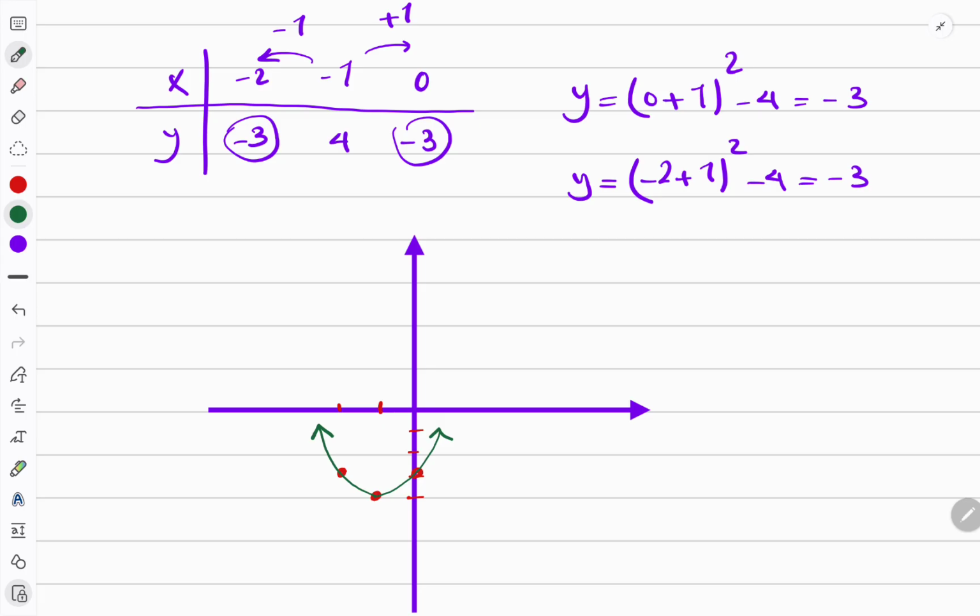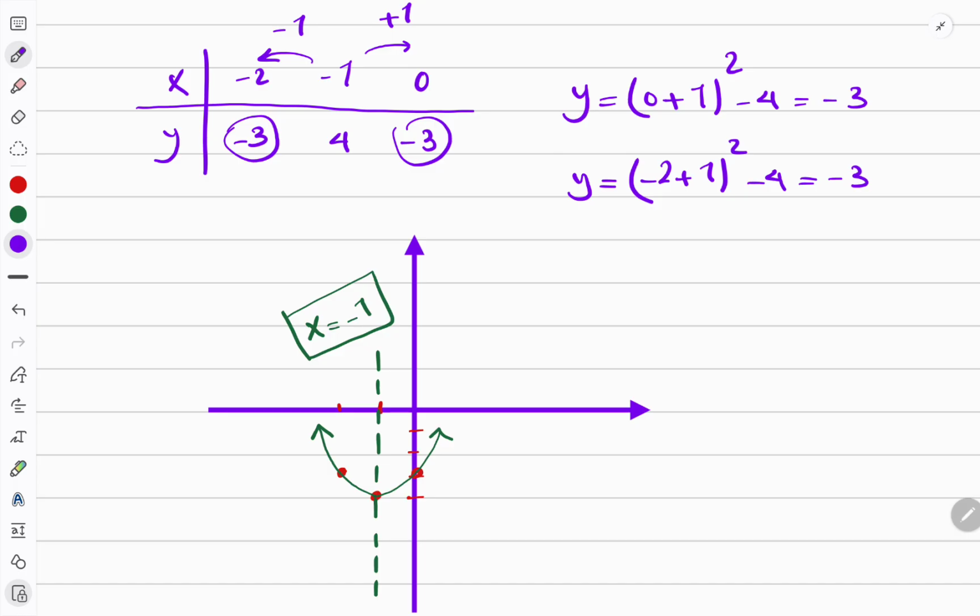And this is our graph. And if I want to draw a line of symmetry, the equation of that is x equals negative 1, the line of symmetry.